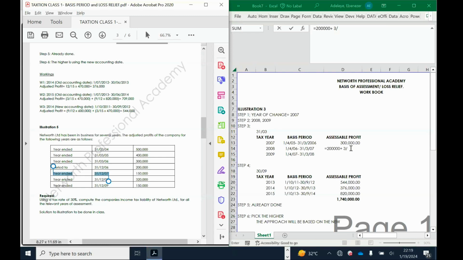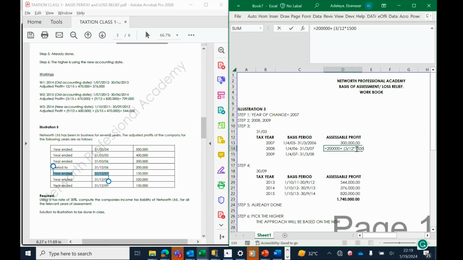So that will be 3 over 12 times 150. Let's put this one in bracket so that we don't times 150. That was 237,500, right?